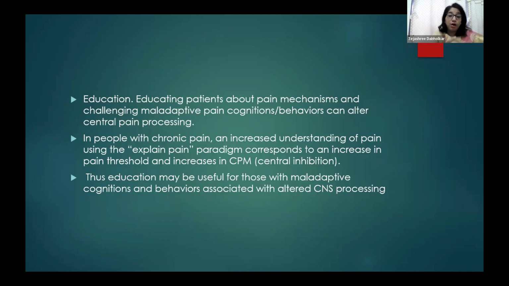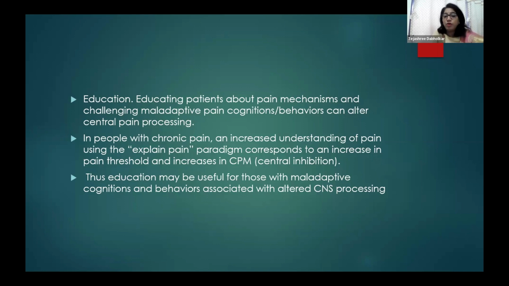But which mechanism works around it? What are the challenges? How can you control your pain? What is pain appraisal? Or what is pain catastrophizing? So explaining or educating them about the mechanism of the pain is very, very important. Explain to them what it is exactly. What is the meaning of central inhibition?